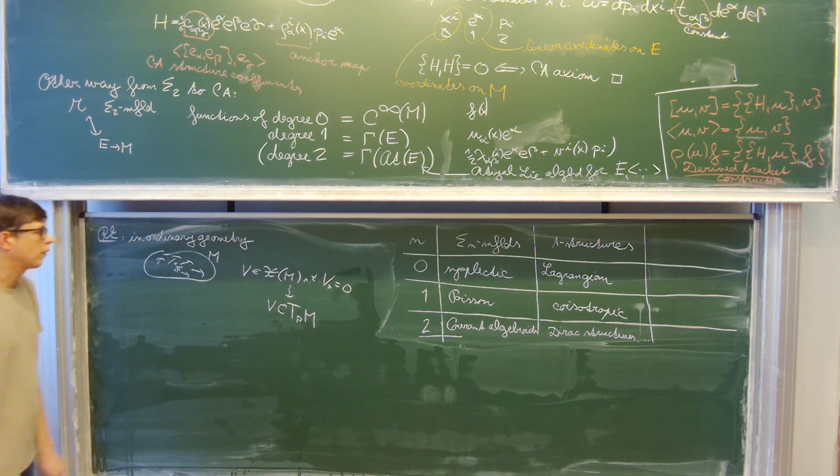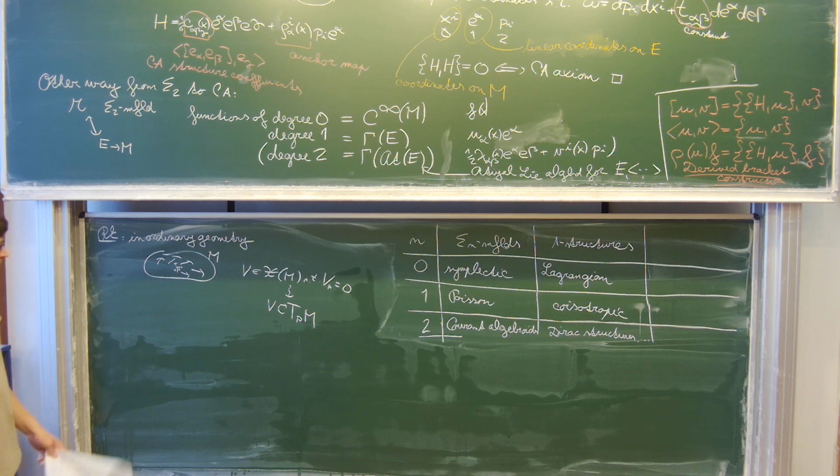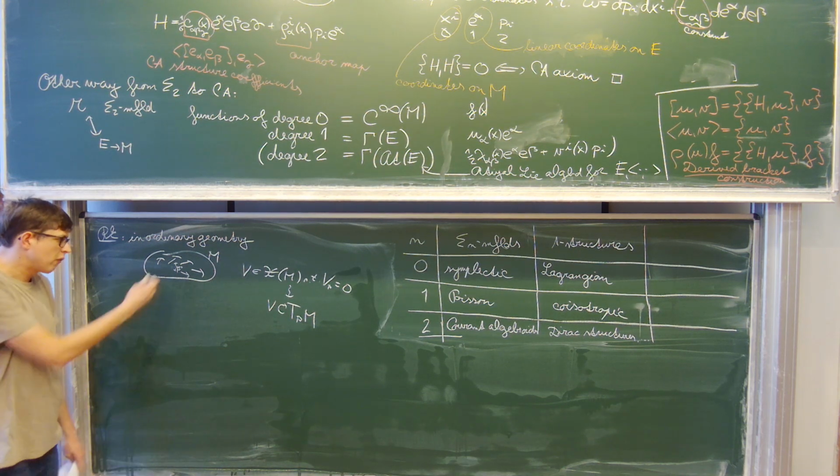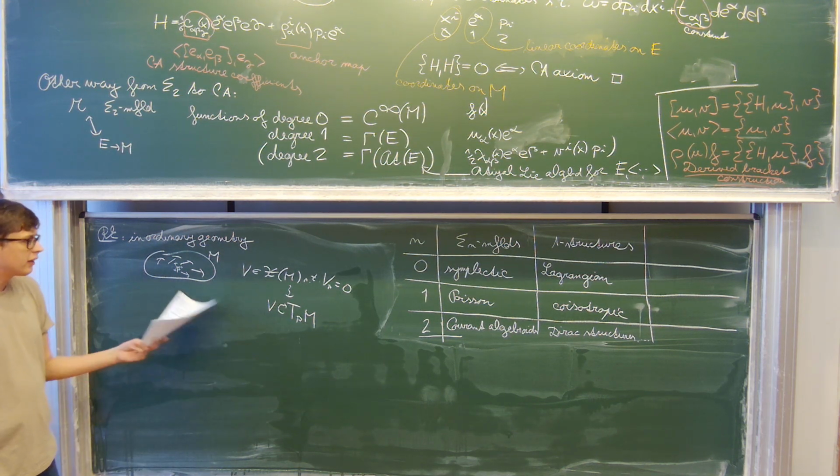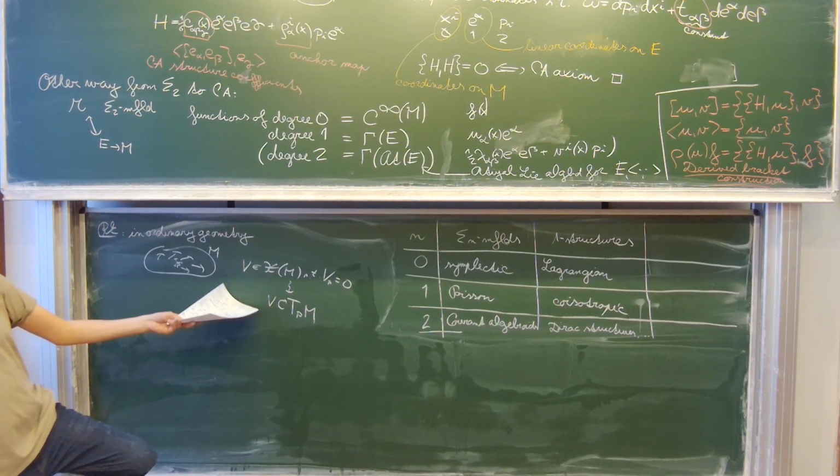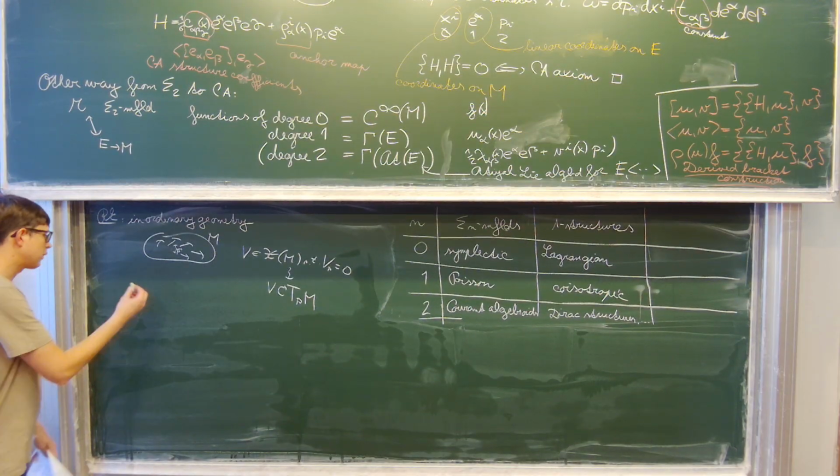It's a useful fact to know. So if you have a vector field vanishing at a point, this allows you to see V acting on the tangent space. So how does that go?